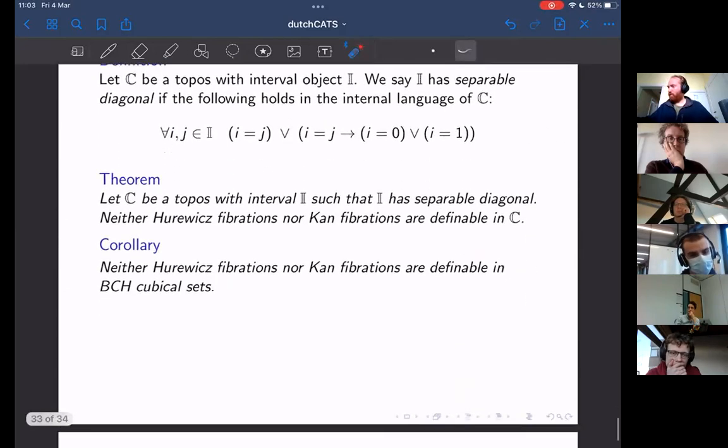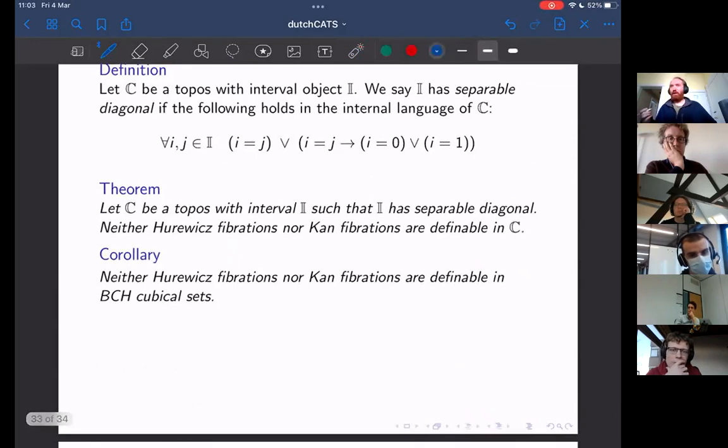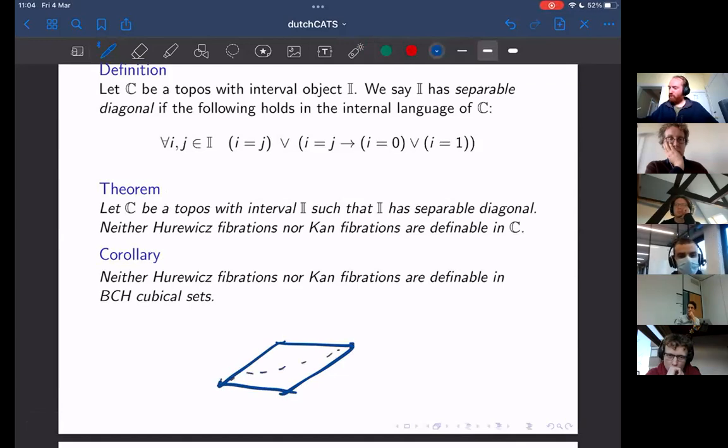There's also another example of what I call a separable diagonal. In a topos with an interval object, we can take the square and put away the diagonal part of the square and treat it separately, but it's not quite separate because it's still attached to the square at two places, its endpoints.